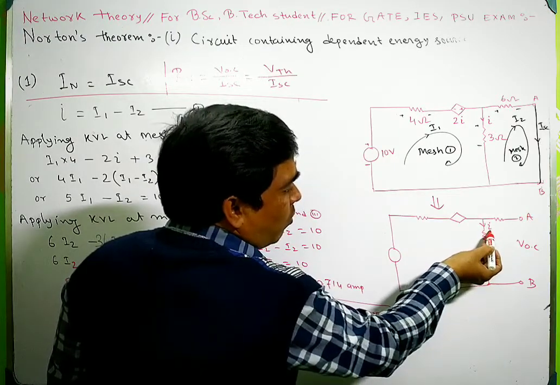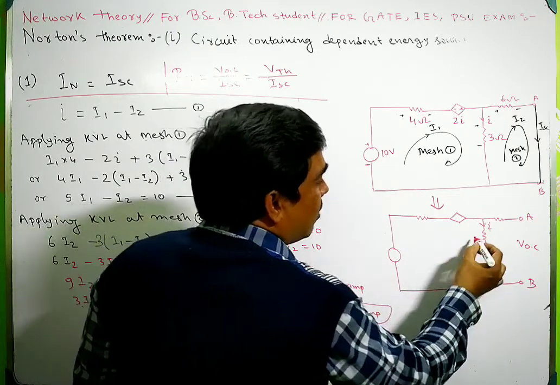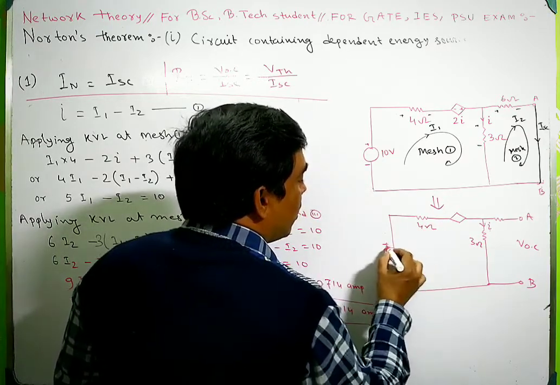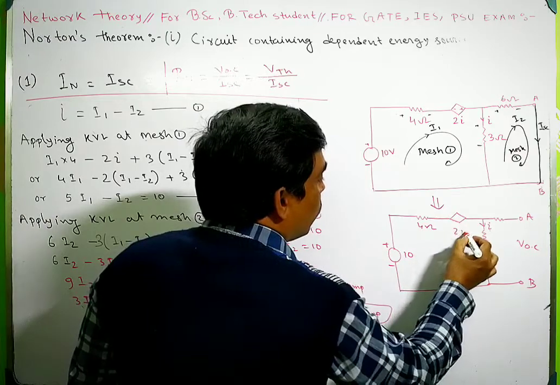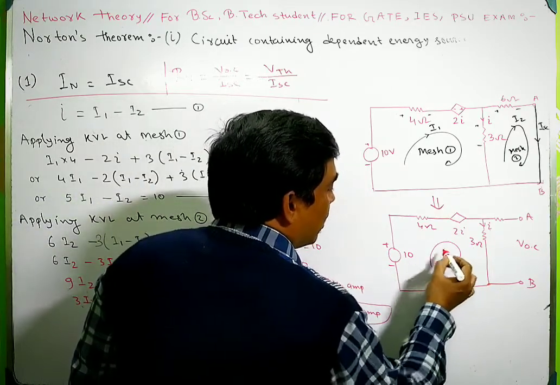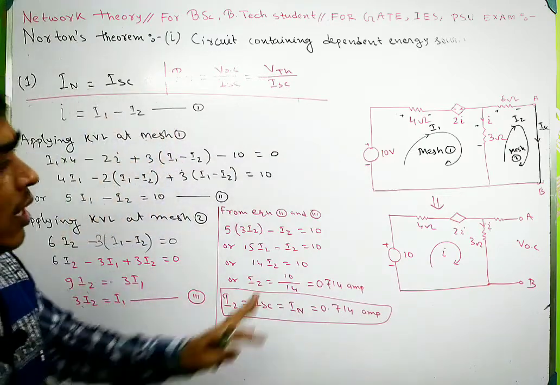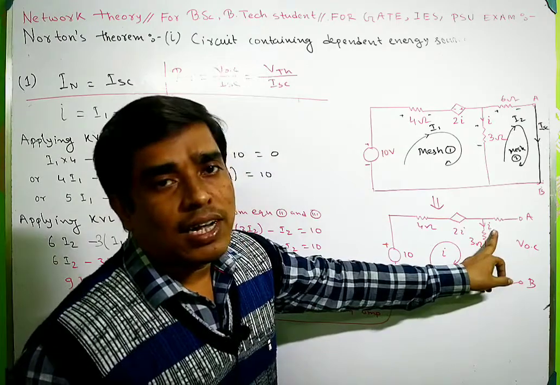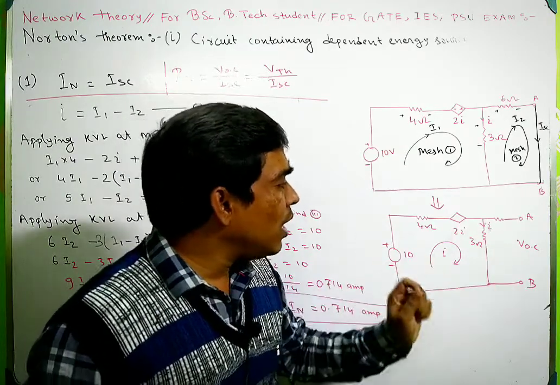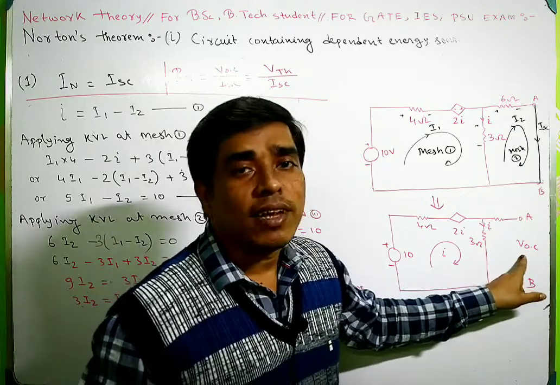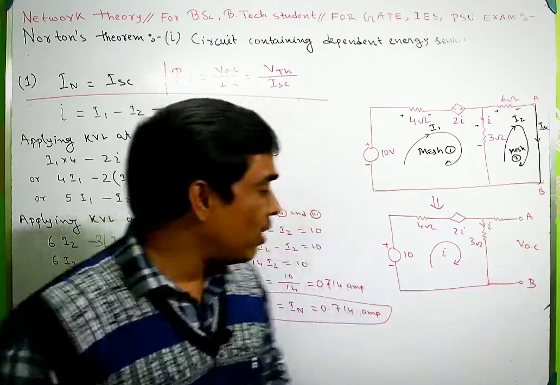If you are able to calculate this I, then this is the 3 ohms, this is the 4 ohms, this is 10, this is 2I. So if I take the current in this direction, then using KVL we can easily calculate this I. If we are able to calculate I, then I into 3 will be the open circuit voltage across this terminal.